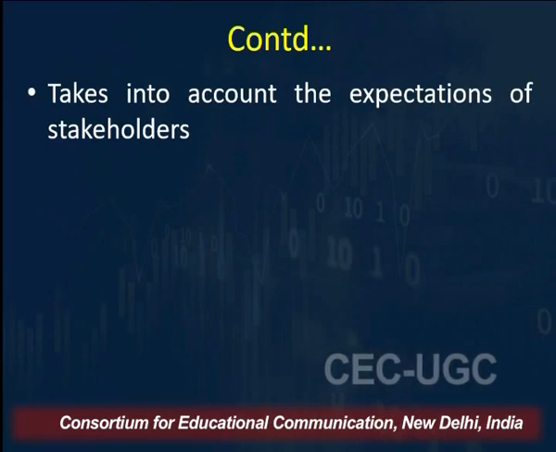So it is basically parameter wise reporting. You are not supposed to give an umbrella report, or any ambiguous statement that we are doing good for society, we are doing good for the environment. While reporting, you have to write what your contribution is to sustainable development, including health and welfare of society. Next point is whether you have taken into account the expectations of your stakeholders.